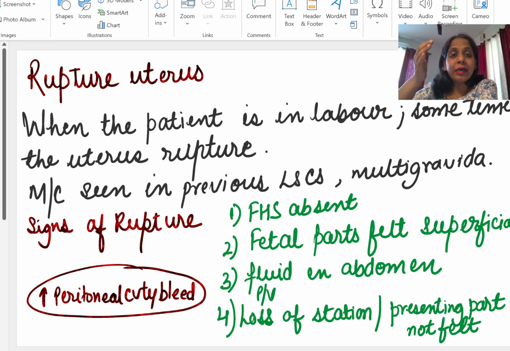There is no uterus layer between your hand and the fetus. There is only the skin between your hand and the fetus. So now the fetal parts will be felt superficially. This line is very important to differentiate rupture uterus from abruption placenta.